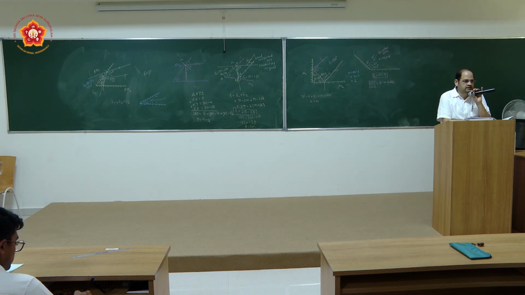So if two mirrors are inclined to each other by an angle of 25 degree, what will be the number of images formed? What you have to do is 360 divided by 25.